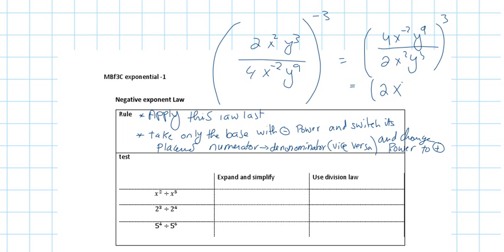It's negative 4. Then if I do this, that's 9, take away 3, so that's 6. I still have that power of 3 here.